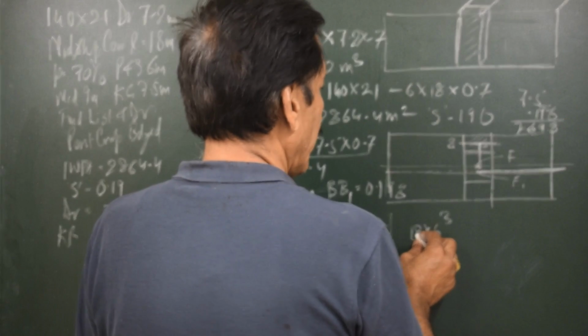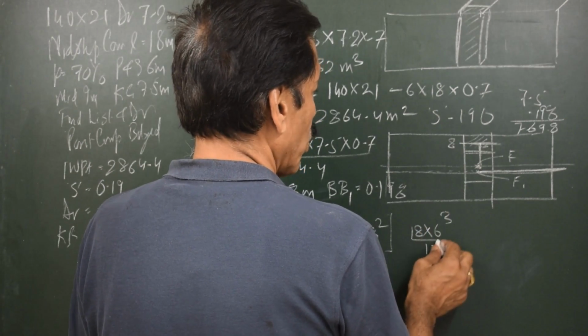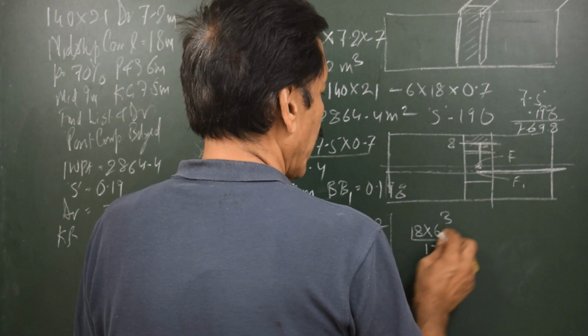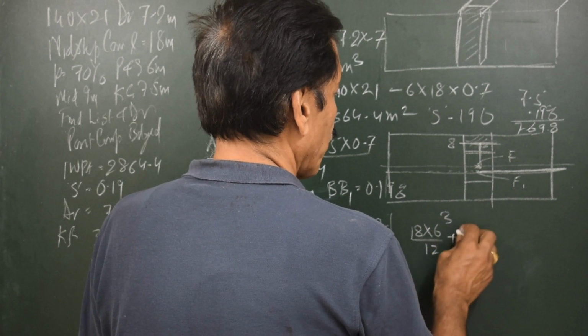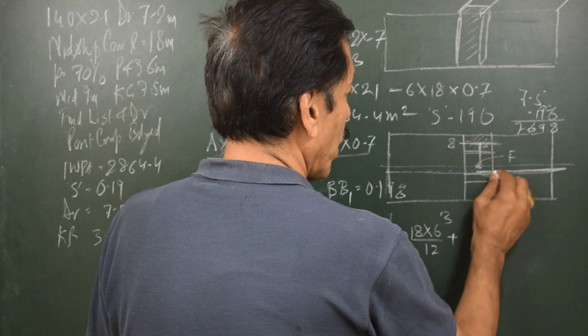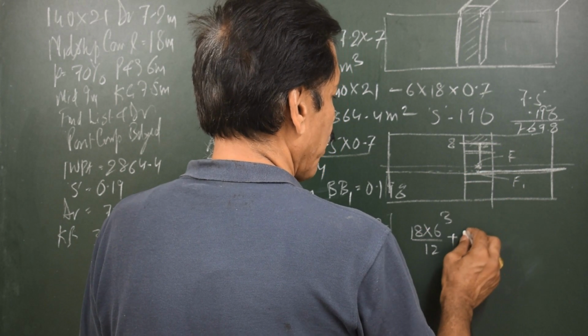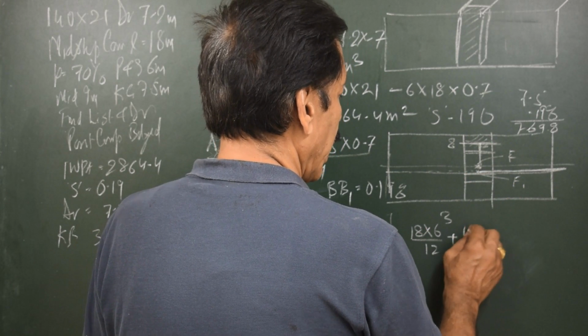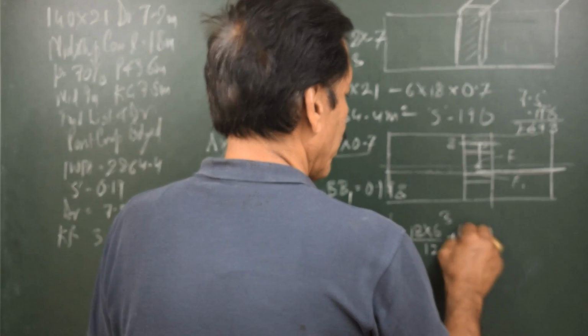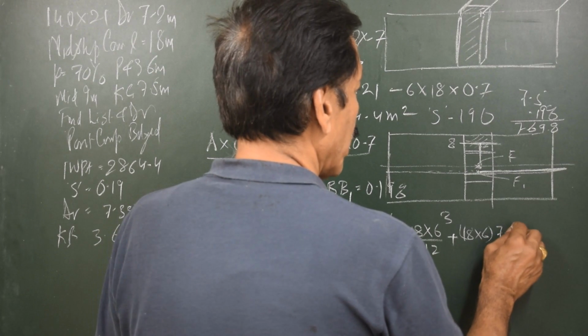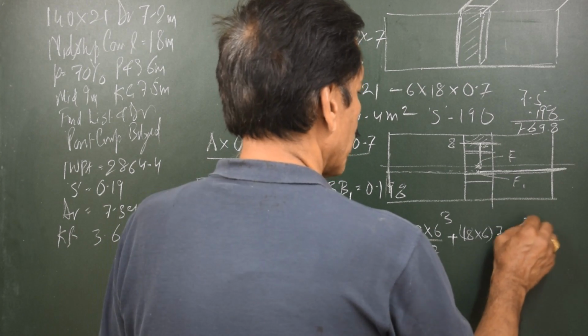So 18 into 6 cube upon 12 is the moment of inertia about its own axis, and if we transfer it to the new fore and aft axis, it will be plus AD square, which means 18 into 6 into 7.698 square.